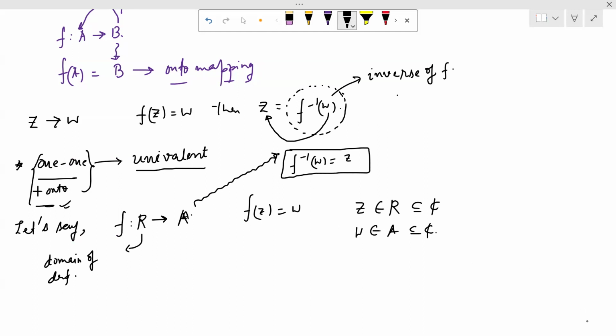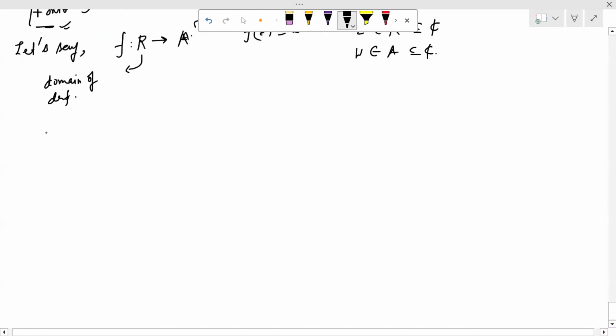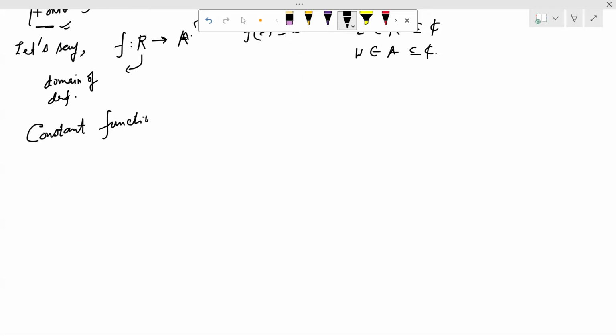A function is a constant function. You know what is a constant function? If it assumes only one value on the entire complex plane.